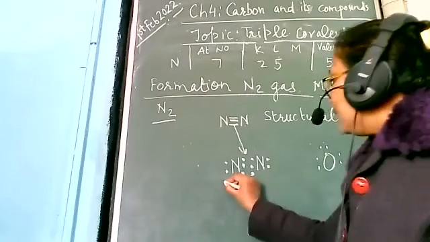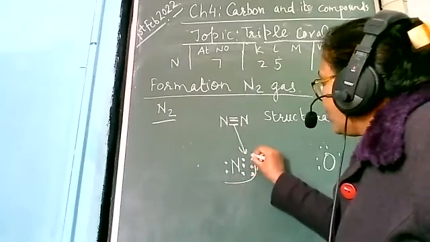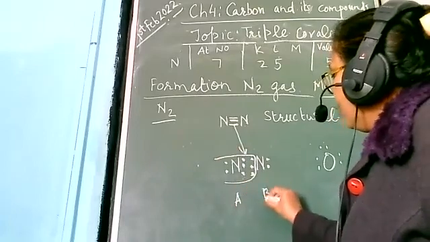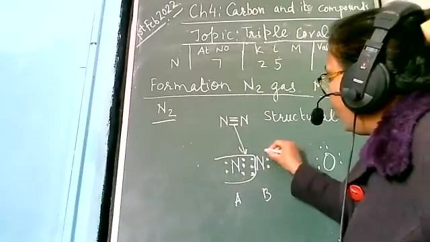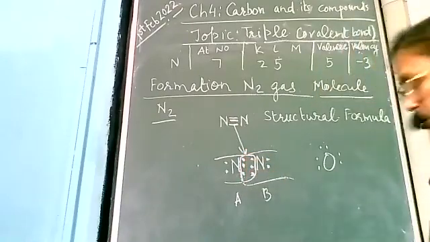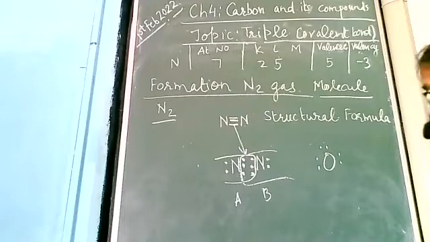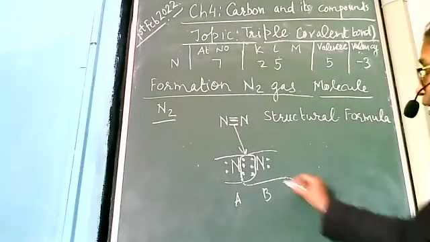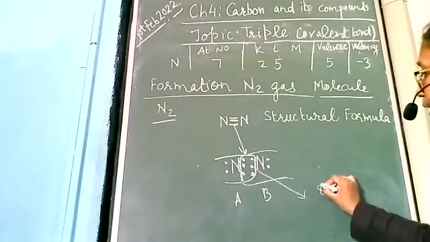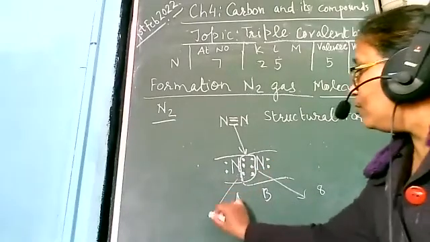I will take these 6 electrons of A and B both, and similarly 3 electrons of its own and 3 of A also. So they will form the nitrogen molecule, and both nitrogen atoms will get how many electrons in their outermost shell? 8, 8. And this also 8.